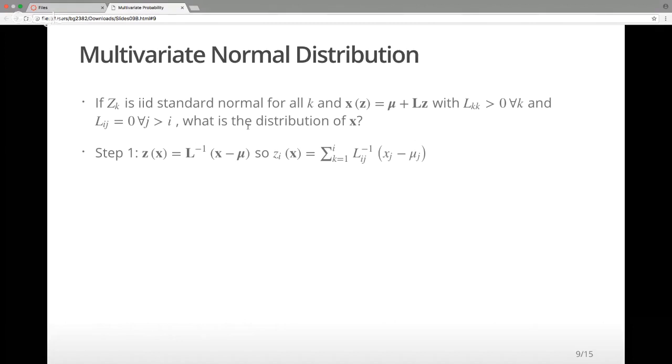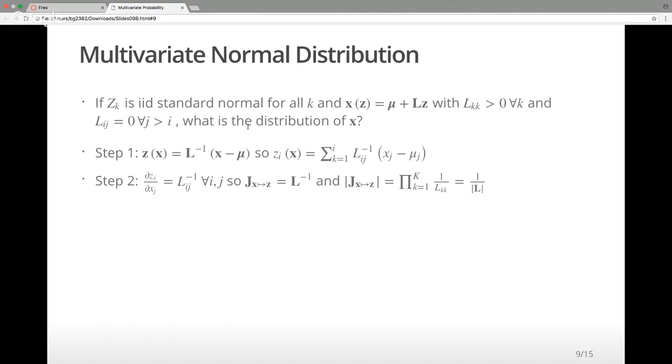And so if this is an expression written out in scalars for Z_i as a function of X, then we ask ourselves, what is the partial derivative of Z_i with respect to x_j?